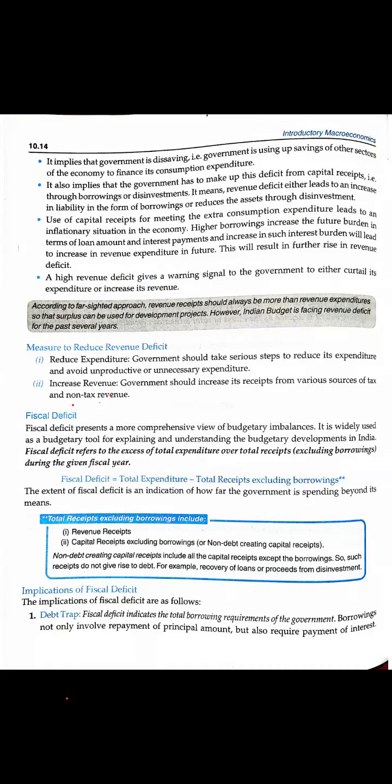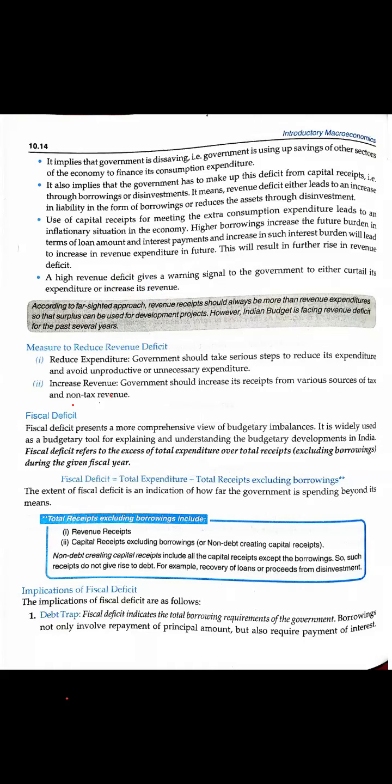So, measures to reduce revenue deficit. How can we measure? So we all know what revenue deficit is. That is, our government's income will be less, then expenditure will be more. So when expenditure is more, automatically we will call it deficit.